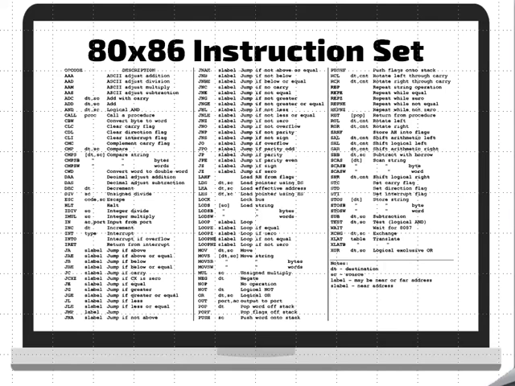So for the instruction sets, they are mainly classified into 7 types: data transfer, arithmetic, logic and shifts, program control, string manipulation, input and output, and processor control instructions.